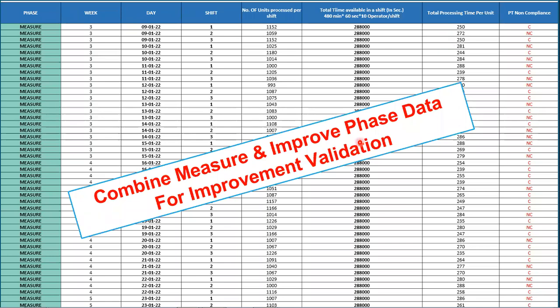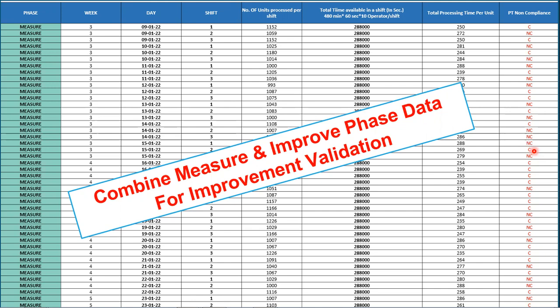For the two proportion test to be conducted, we already collected measure phase data and we have collected improved phase data. From the measure phase data, we are going to take data up till the column of PT non-compliance. We are not going to use the causes columns, where we put the culprit causes as 0 and 1. So we are not going to take the data of the causes over here.